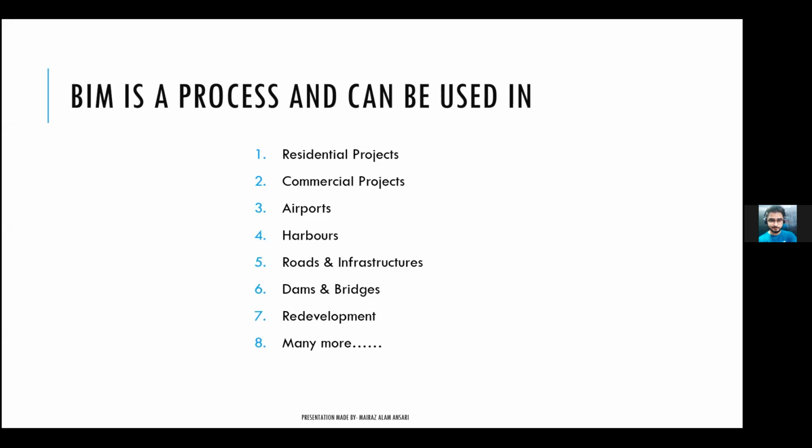Residential projects, commercial projects, airports, harbors, road infrastructure, redevelopment projects, dams, bridges, man-made environments. Everything can be done using BIM. So you can see the scope overall: civil engineering industry, architecture industry. You can be a contractor as well. The construction industry, everything is there in BIM, because it is a process.